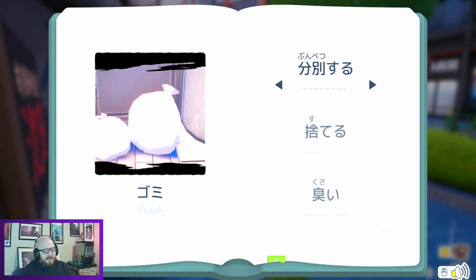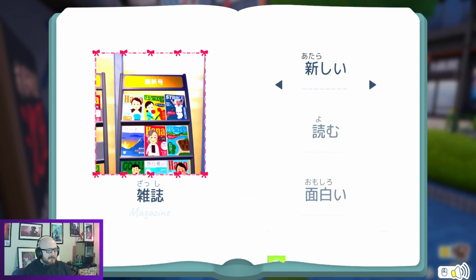So all trash in Japan is sorted. So let's go ahead. Sort, separate, to throw away, and smelly. Kusai. I heard a lot of kusai in Gaki no Tsukai, which I don't really watch much anymore after the stuff with Matsumoto-san. All right.